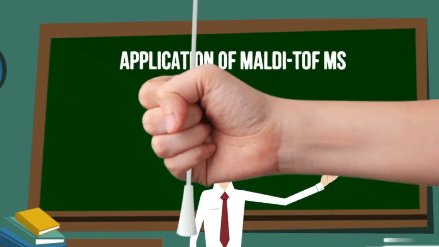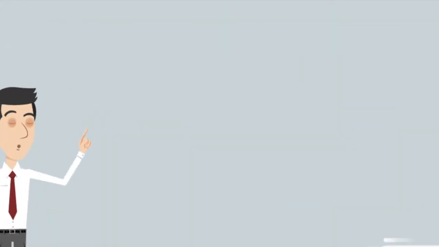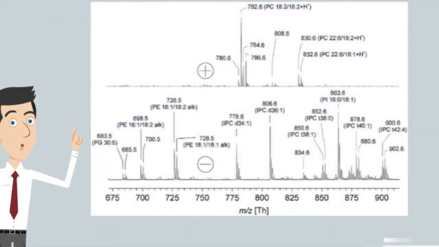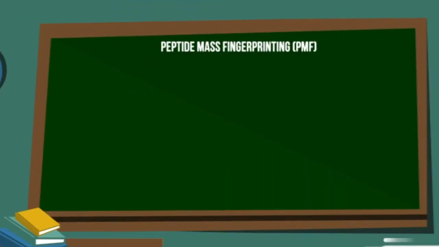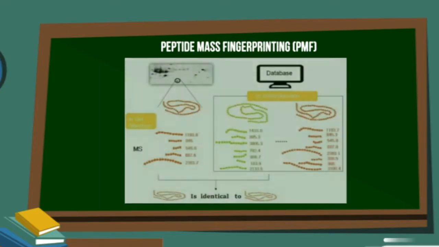Next are the applications. The first application is lipid analysis, and this is an example of the spectrum. The second one is peptide mass fingerprinting. This is a method used to identify proteins from a sample mixture, used with two-dimensional gel electrophoresis. Peptides are generated by digesting the proteins of interest.